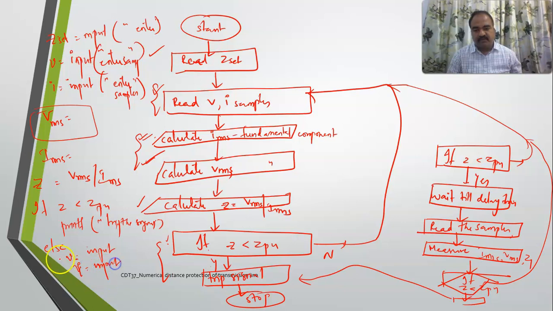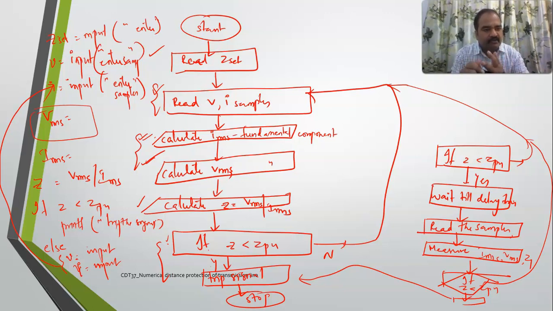The same story will be started again. So this process will be repeating again and again till you find a trip signal. If it is a trip signal, then automatically your relay will go to the idle state and the circuit breaker will operate the system. So this is the way a programmer is supposed to write the logic.